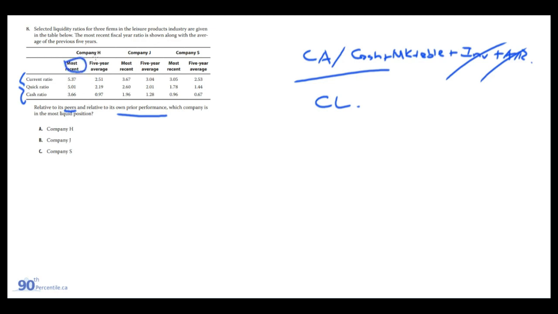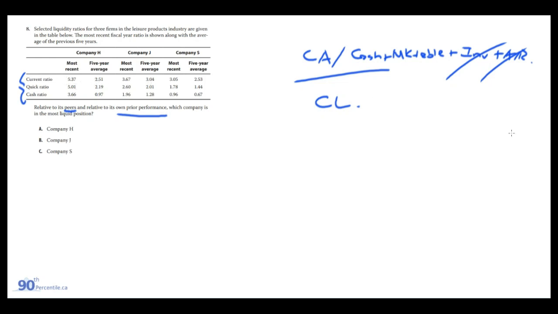So we have most recent and 5-year average. This is for company H, and then company J, company S. So most recent current ratio, company H versus company J, higher, versus company S, this is higher as well. 5-year average, company H is not higher.